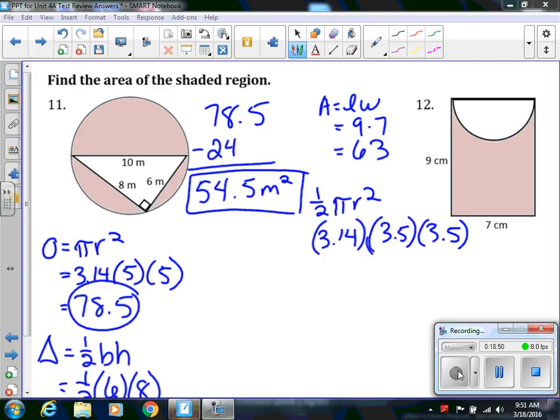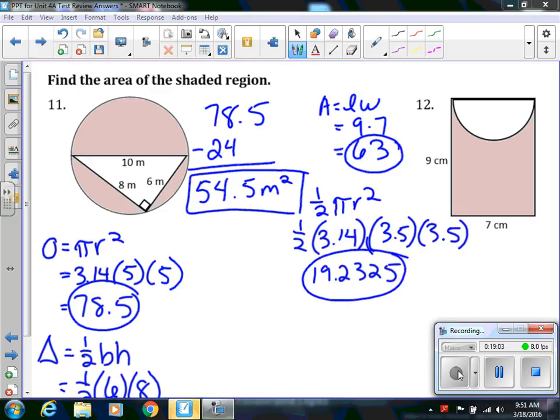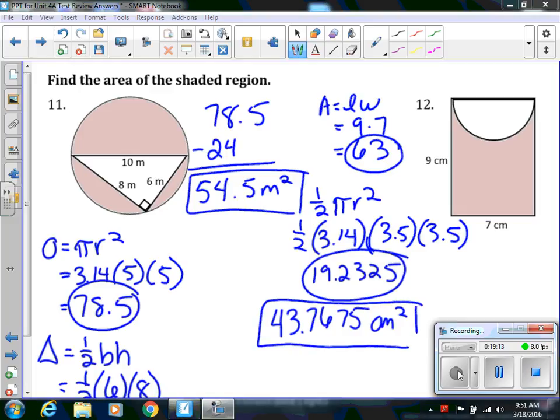And again, we're going to divide it in half when we do this. So when we do that math, we wind up with 19.2325. And again, I'm taking the 63 and I'm minusing this. And so my shaded area becomes 43.7675. And we have centimeters squared. There is my surface area.